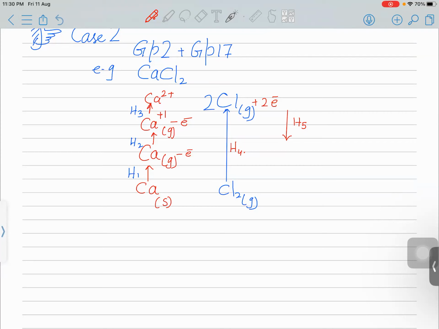Exactly. Due to the attraction, energy is released. Alia, can you repeat? Due to the attraction of the electron with the nucleus of the atom, energy is released, so it's exothermic. Very good.